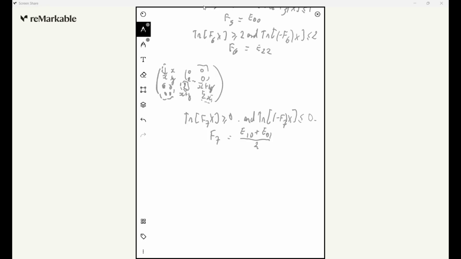Is f7, and so we need to have this 2x, which will be equal to 0, and so we can just do.